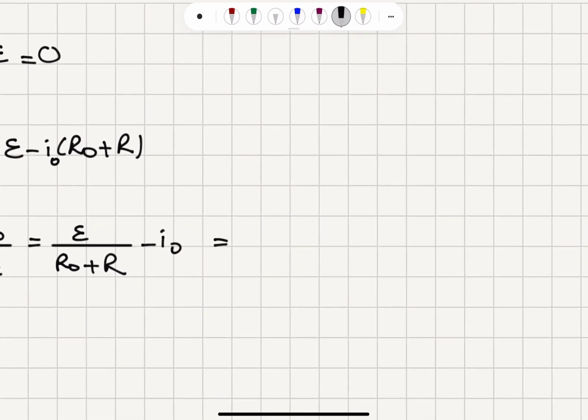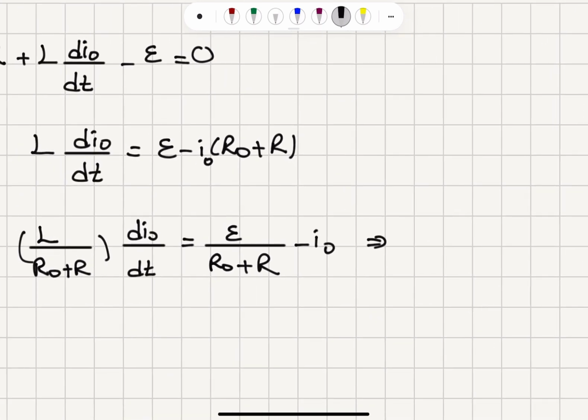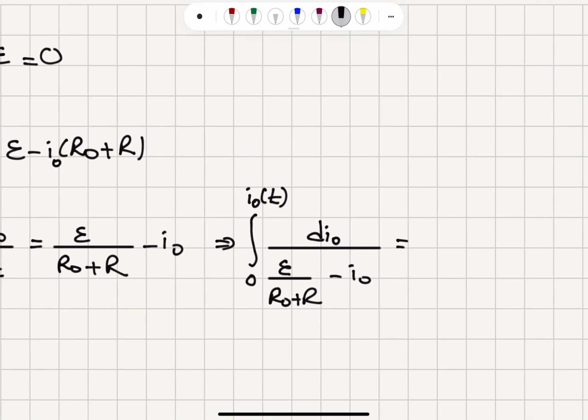So if I divide both sides by epsilon over R0 plus R minus I0 and multiply by dt, this will be the integral from t equals 0, where the current I0 is 0, to its value at time t, I0 at time t, of di0 divided by epsilon over R0 plus R minus I0, that's equal to the integral of R0 plus R over L dt from time t equals 0 to t.